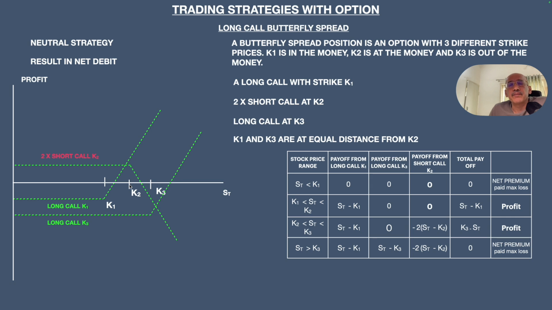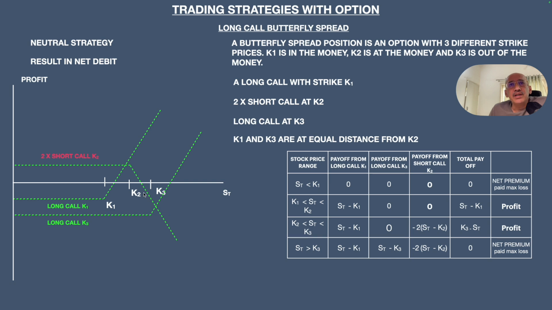However, the long call of K3 will not yield any result, hence it will be 0. But the K2 short calls will start getting into loss because the value has gone beyond K2. So, two short calls will start getting into loss. Hence, the total payoff will be K3 minus ST. It will be a mild profit.